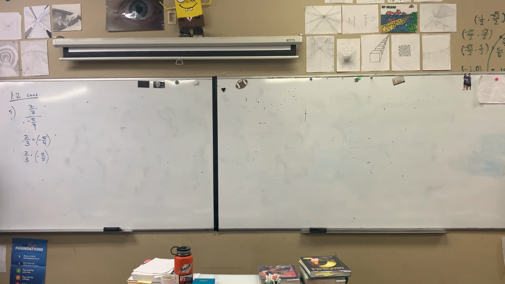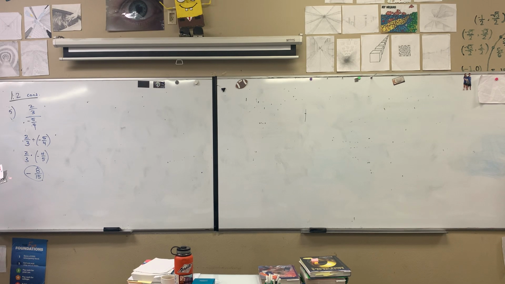Is there any cross canceling we can do? 2 and 5, nope. 3 and 4, nope. Don't forget, positive times a negative is a negative, so we go negative 8/15. That would be the process there.